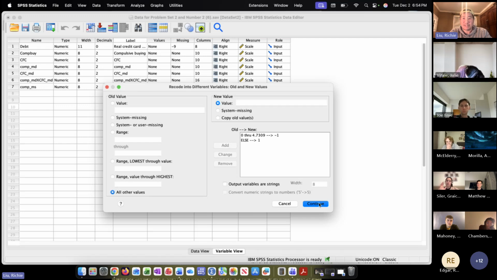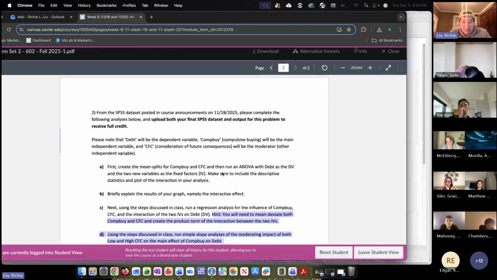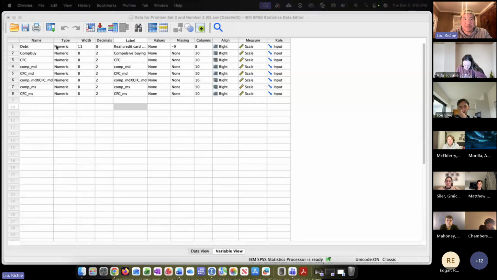Okay, so now I've got my mean splits. Again, just as a quick reminder, where am I at? I created my mean splits, and now I'm going to run the ANOVA, and then I can explain the graph. So that's A and B is what I'm doing right now.